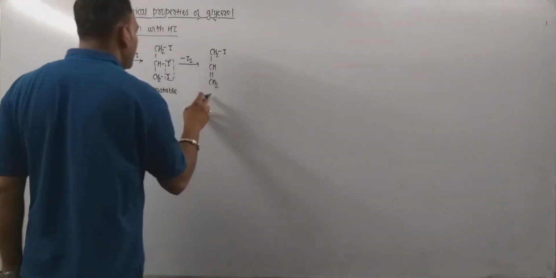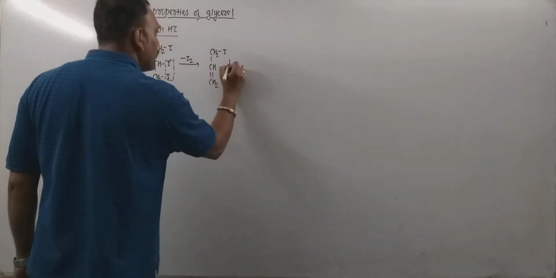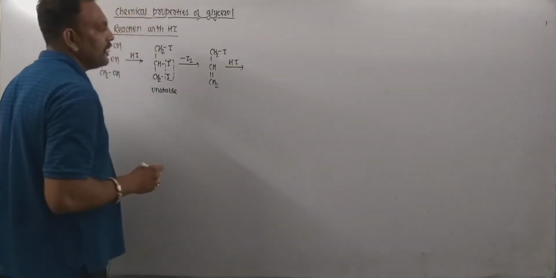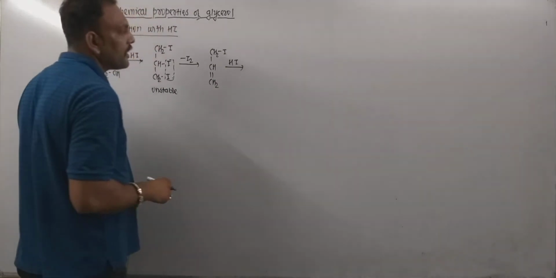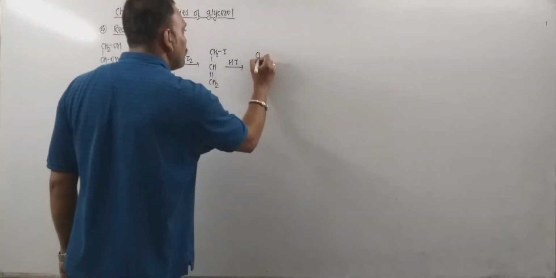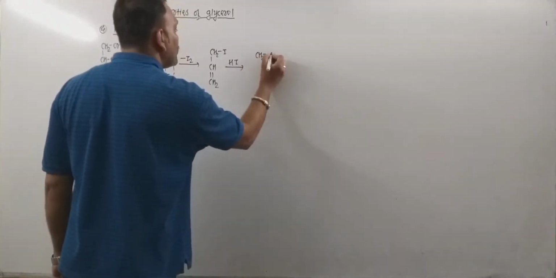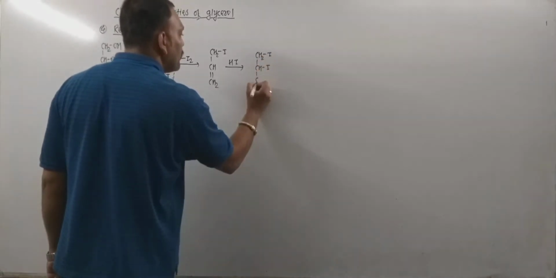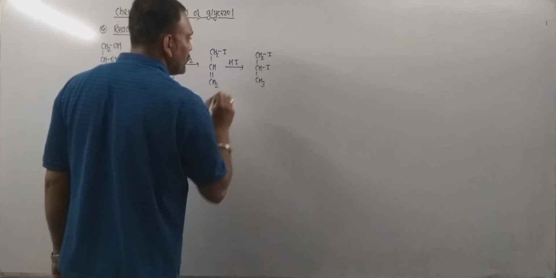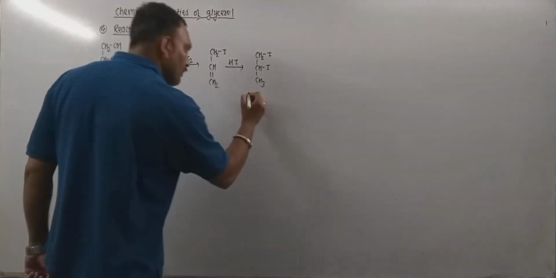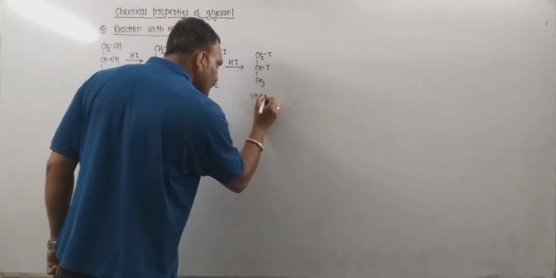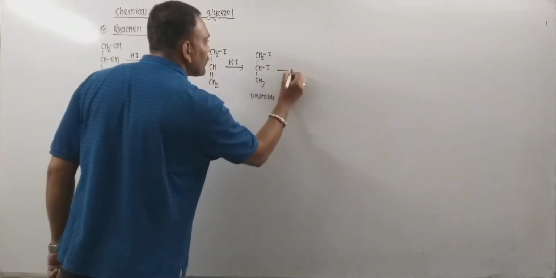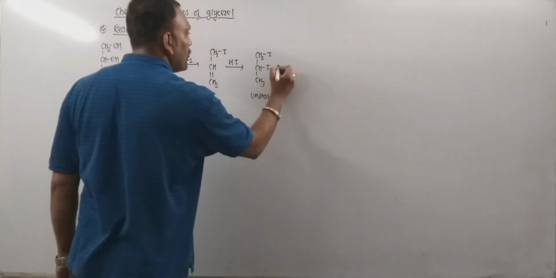iodide. Now this allyl iodide further reacts with HI, and addition takes place according to Markovnikov's rule, which leads to the formation of a product that can be given as this. So this is diiodopropane, and this diiodopropane is unstable as well due to repulsion between these two iodines.